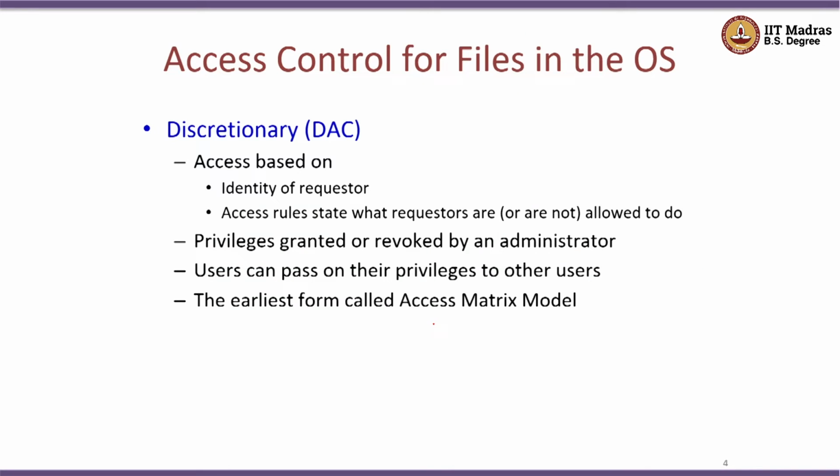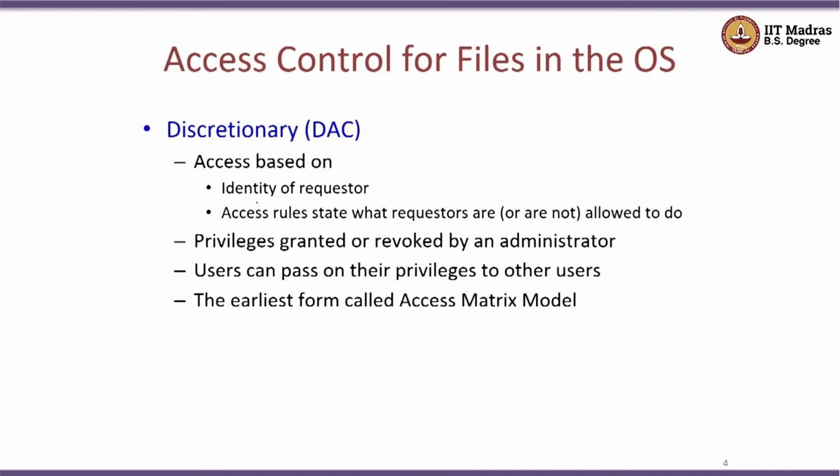Okay, so very basically, the most fundamental access control policy is what we call DAC, or discretionary access control, right? Here the access is essentially based on the identity of the requester. What does it mean? If you are a user, you log into a system. Based on your login ID, you are given access to certain files, right?